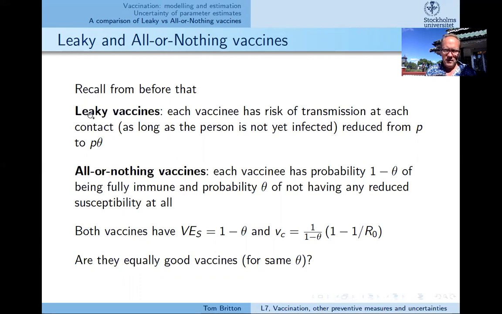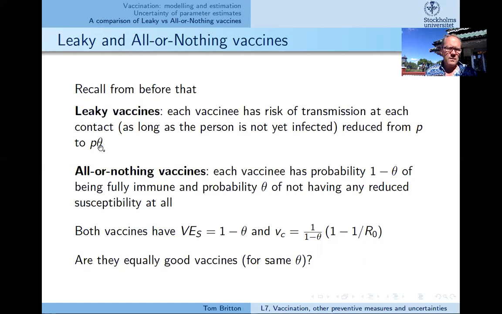So a leaky vaccine is a vaccine where each person that gets vaccinated has a reduced risk. So if the risk of transmission at each contact is P, so P is some probability, each time you have a contact, you have a probability P to get infected. But if you have a vaccine, this is reduced to P times theta.